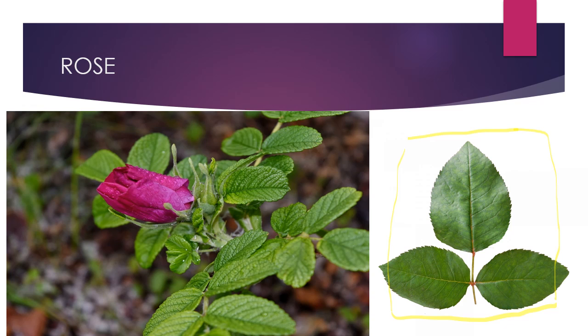There are over 300 species and tens of thousands of cultivars. They form a group of plants that can be erect shrubs, climbers, or trailing, with stems that are often armed with sharp prickles.